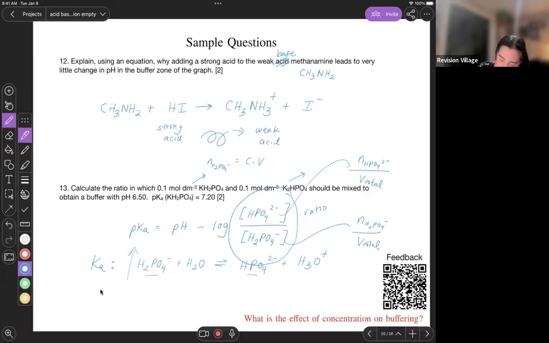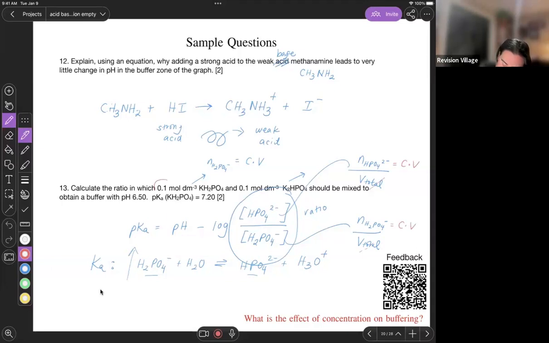And I hope that you can think through this for a second and see that the total volume is the same in the numerator and the denominator. I hope you can also see that the numerator and the denominator are going to be equal to the concentration times the volume of that solution that I use.